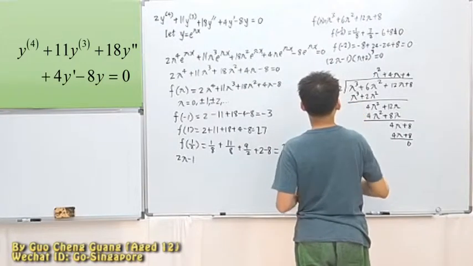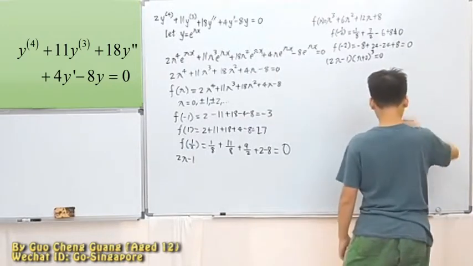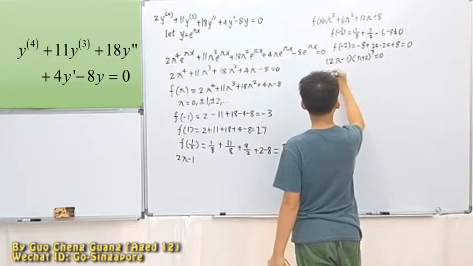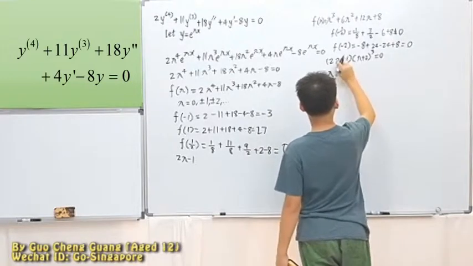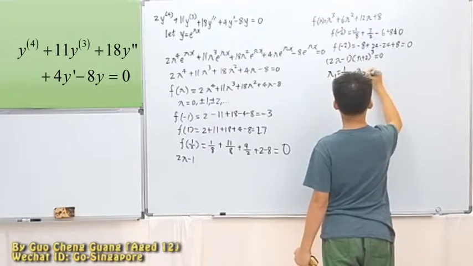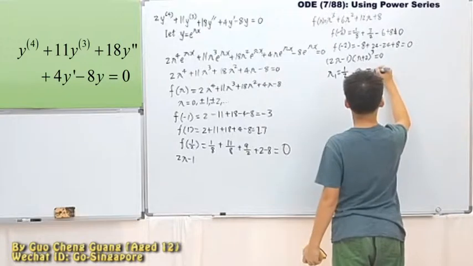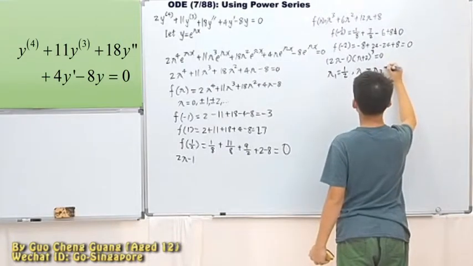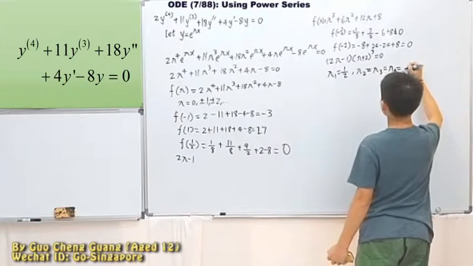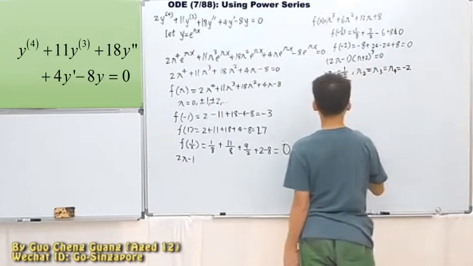So that means here, okay, let me just erase this. Lambda 1 here is a half. Lambda 2 is equal to lambda 3 is equal to lambda 4, and that gives us negative 2.